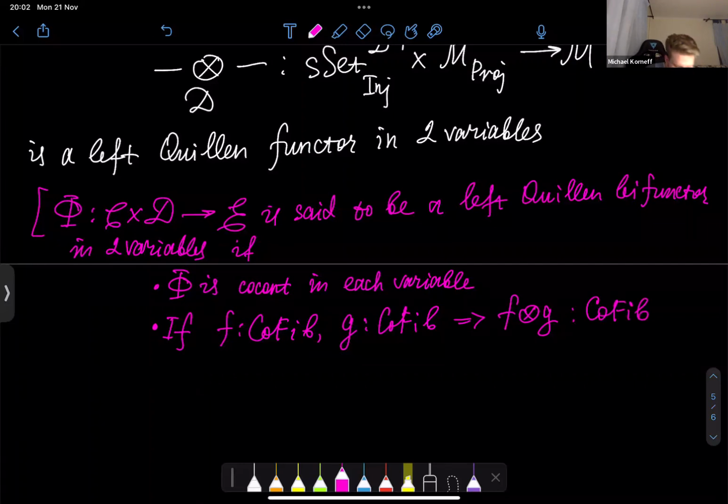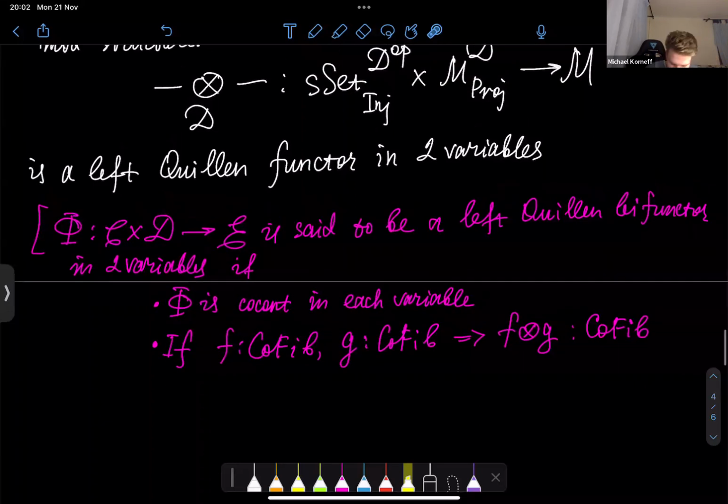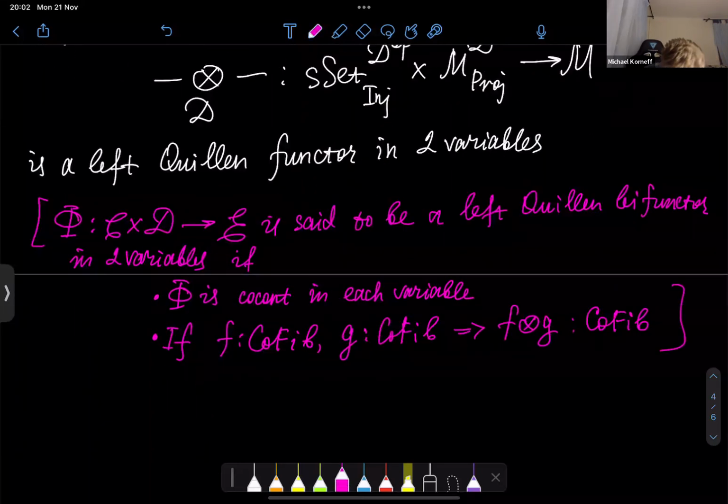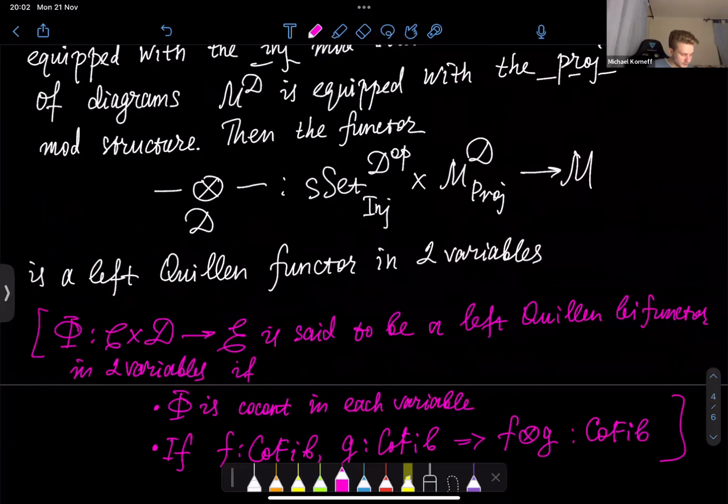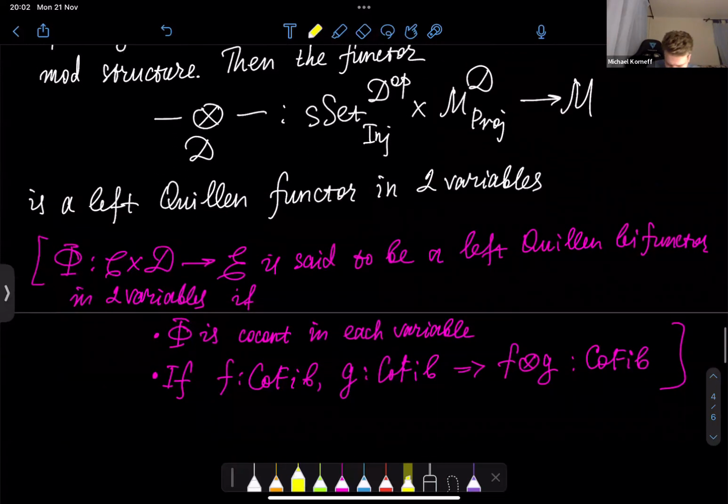But also it is trivial if f or g is so. Okay, now I'll prove this theorem.